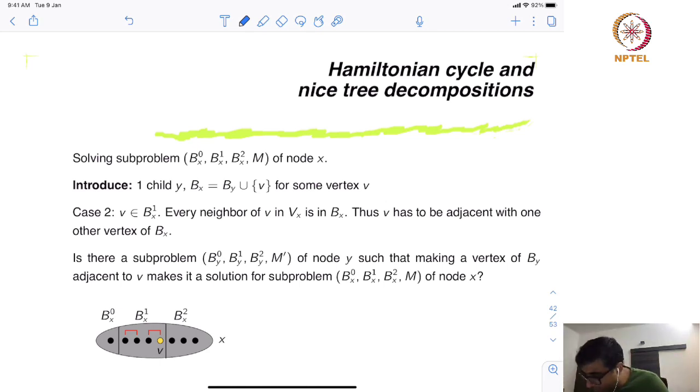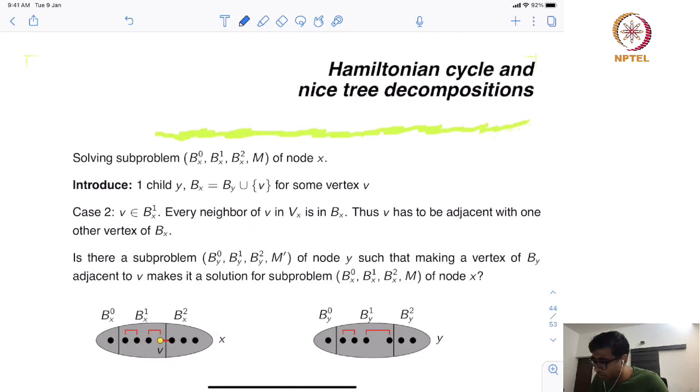So, either this vertex will get its neighbor from Bx, which could look like this, or you could have a pattern like this and this, and it is getting one from here.